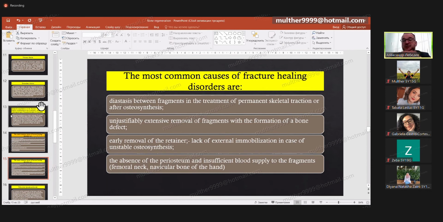And what does your patient start to do? He starts to stand on this extremity. Some micro movement in the line of the fracture guarantees that your patient will have problems with fracture healing. Why? Because I told all of my groups, and maybe somebody can repeat my opinion, all patients on our planet are who?